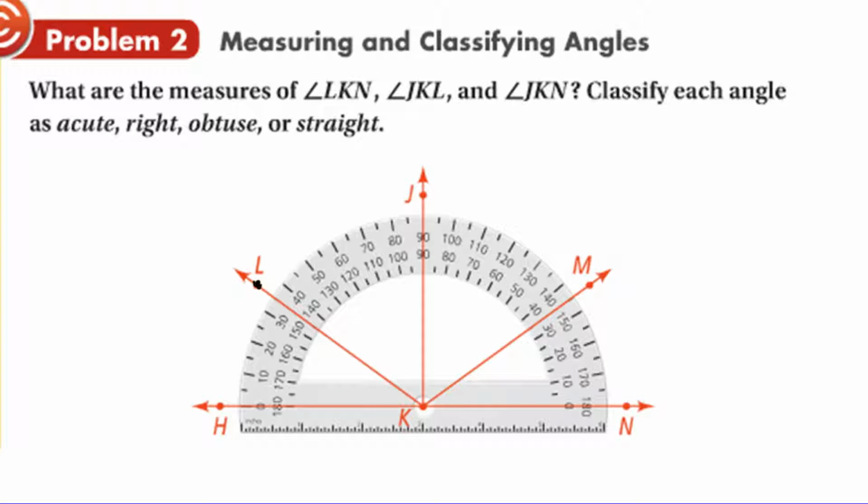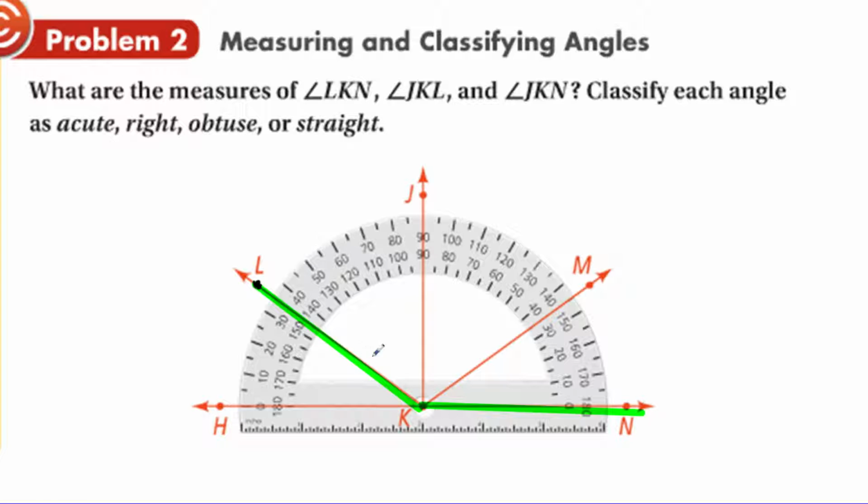I'm going to start at L, travel down towards K, hit K, and then travel towards N. Well, N is over here, so I'm going to go from K over to N. Okay, so they really want to know what is the measurement of the space in between these 2 highlighted lines.